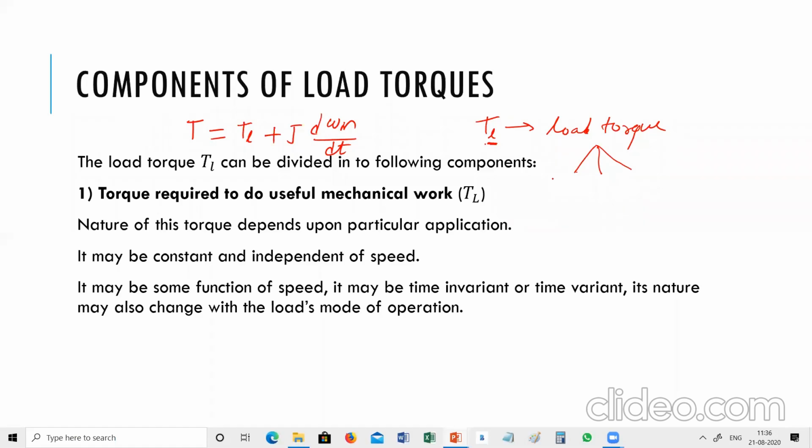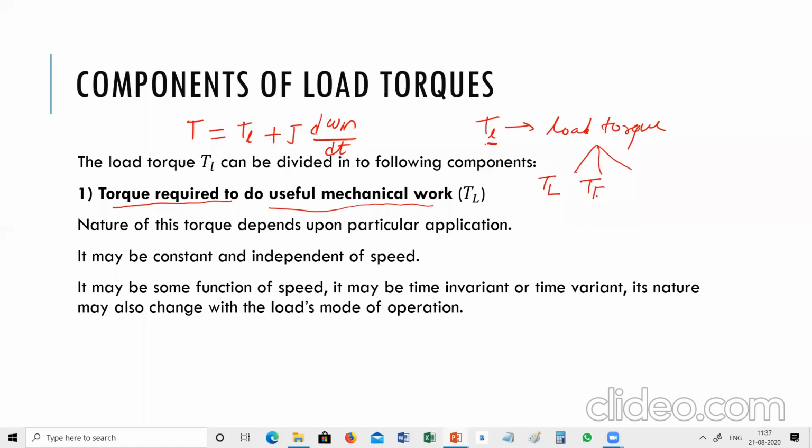First is T capital L, the torque required to do useful mechanical work, that is, the actual work we want to do, for example to lift the hoist or to move a particular object horizontally. But while doing the useful work, we also have to provide other torques or losses. Second is the friction torque.